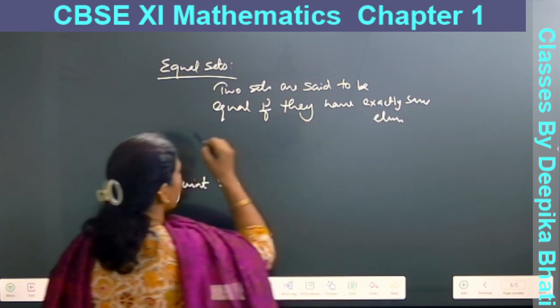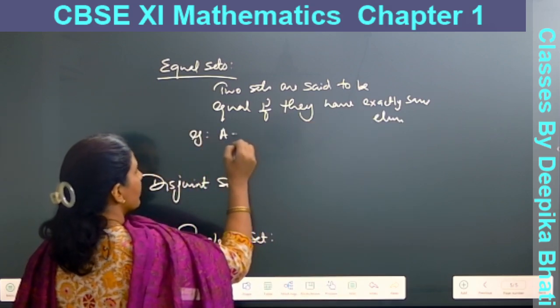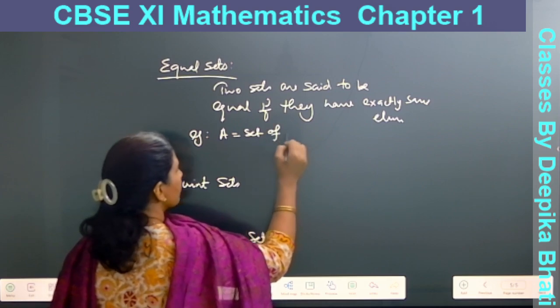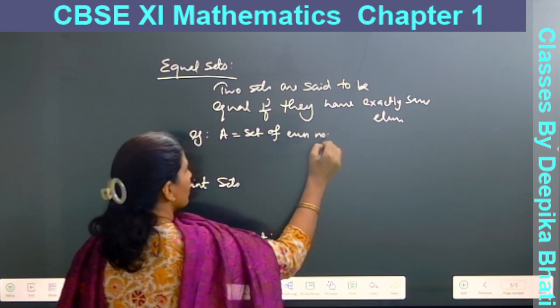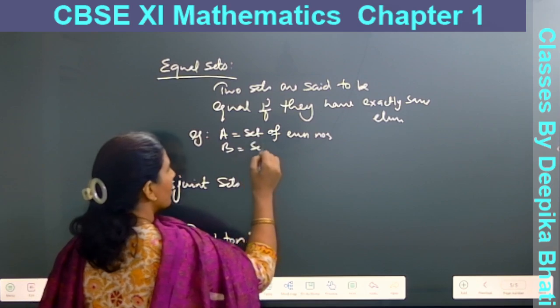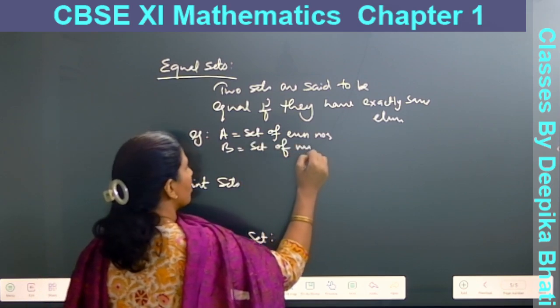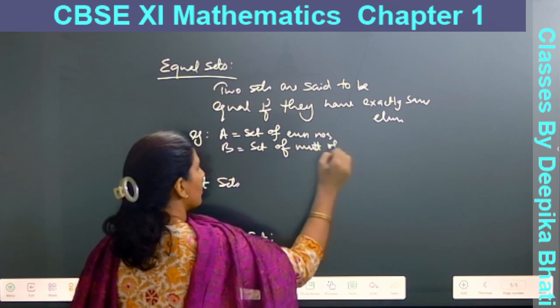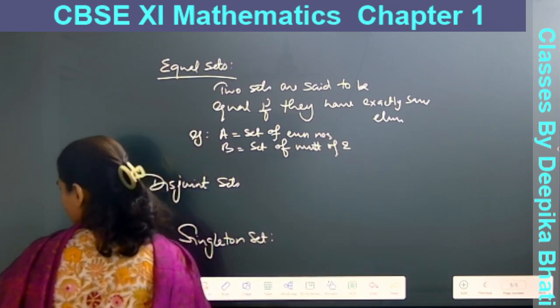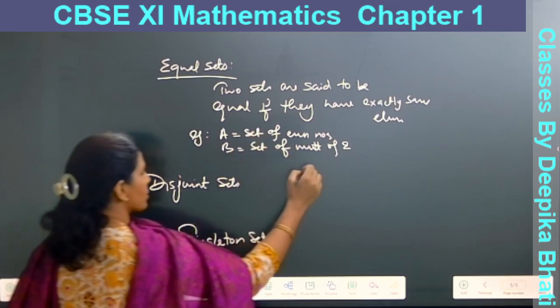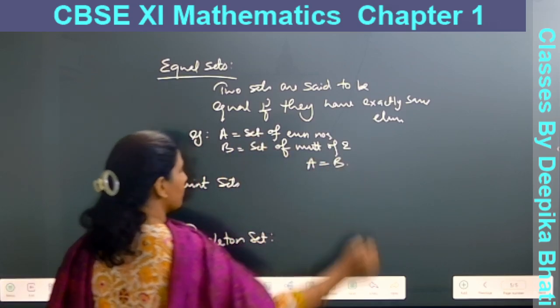Example: A, set of even numbers. B, set of multiples of 2. Both are the same. Both consist of the same set. So A must be the same as B.